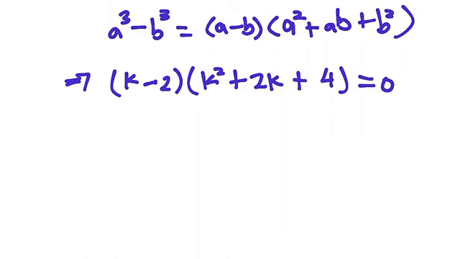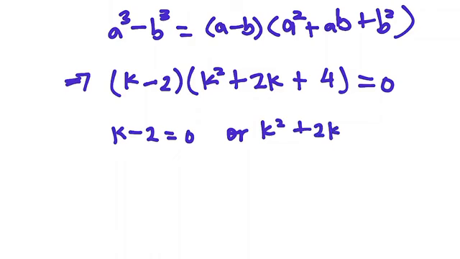From there, we have k minus 2 equals 0, or k squared plus 2k plus 4 equals 0. So k minus 2 equals 0 gives k equals 2.